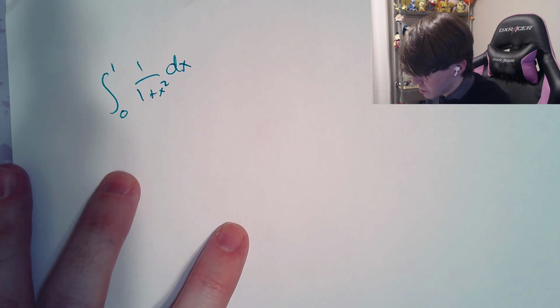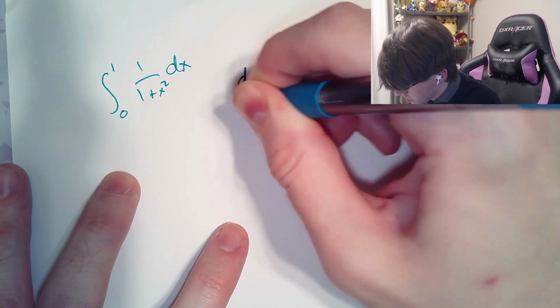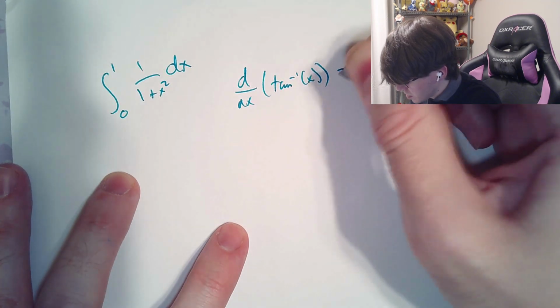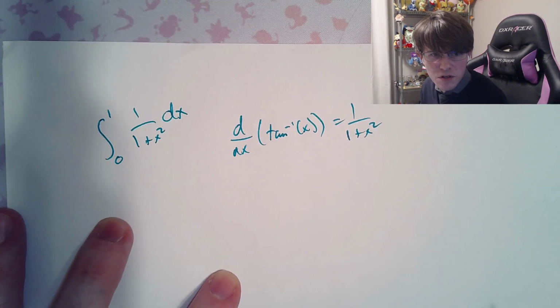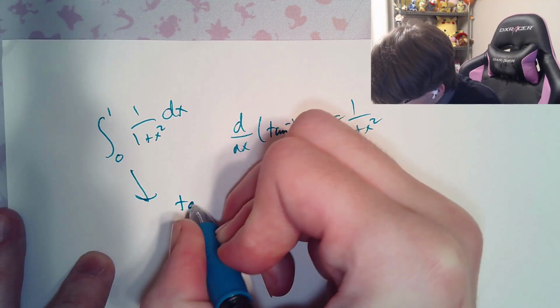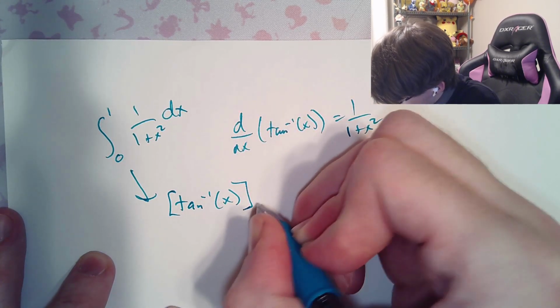This one does require the memorization that the antiderivative of, sorry, that the derivative d over dx of the tangent inverse function is 1 over 1 plus x squared. That's just your definition of your derivative, and therefore this one is going to be the tangent inverse of x evaluated from 0 to 1.